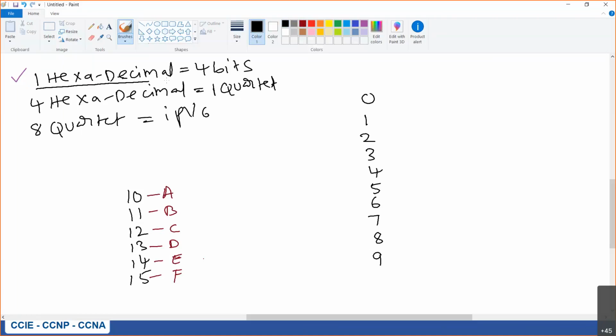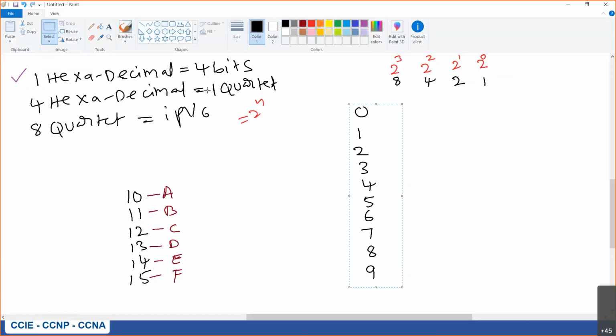So 1 hexadecimal is what? 4 bits. 4 bits means, let me take the 4 bits. So 2 power n is a bit. So 4 bits means 2 power 0, 2 power 1, 2 power 2, 2 power 3. What is the value of 2 power 0? 1, 2, 4, 8. Now you tell me guys, how to write 0 in binary.